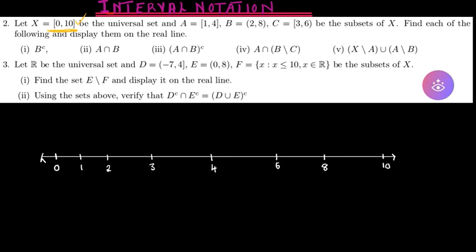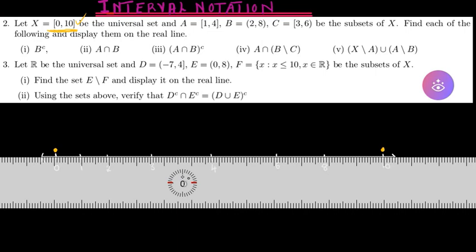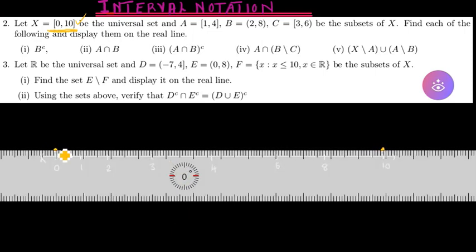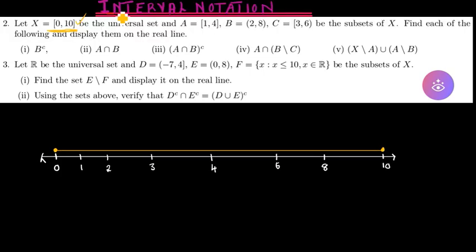Is it an open circle or a closed circle? Of course, it's going to be a closed circle. So I'm going to put my closed circle here. I'm going to shade like that, and then I'm also going to shade at 10 like that. And of course, I can now get my rule and utilize it like that. Alright, I can therefore say that this set is simply X.